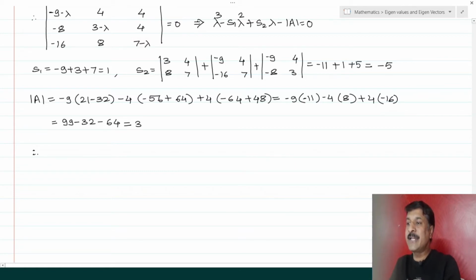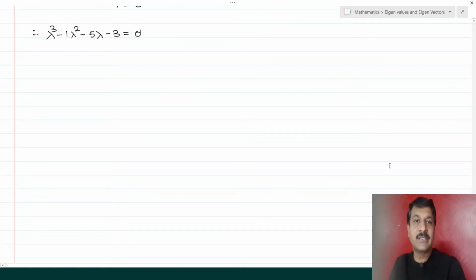And therefore the characteristic equation is lambda cube minus S1 lambda square plus S2 lambda minus determinant of A equal to 0. So find the roots of this characteristic equation, which gives us the eigenvalues. So how? By synthetic division.